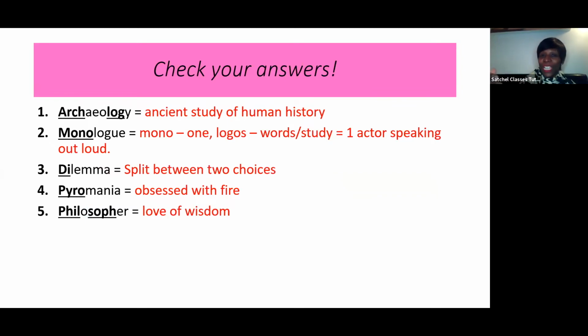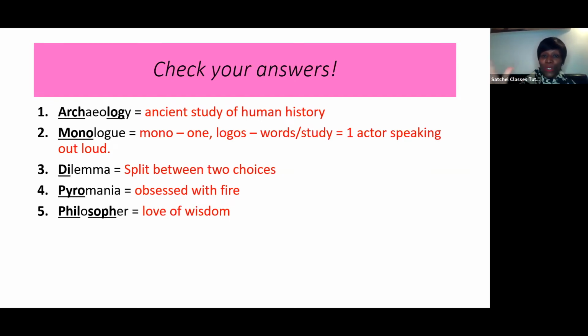Okay, so archaeology, the study of ancient history, the study of the ancient. So archaeo means important or ancient. A monologue, so it's one person speaking. So logos is about speech or study. One person speaking. You have that on stage, people speaking aloud. Dilemma, so it's that you've got two choices, you've got two options.